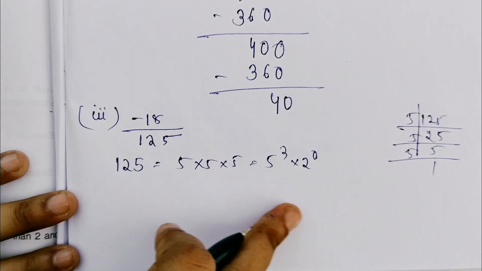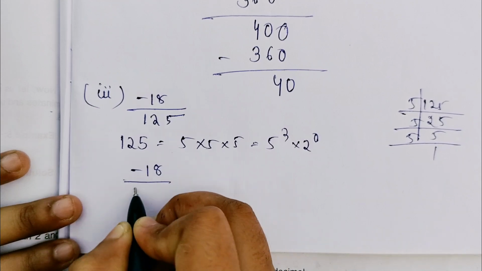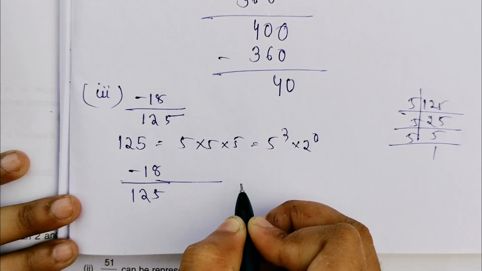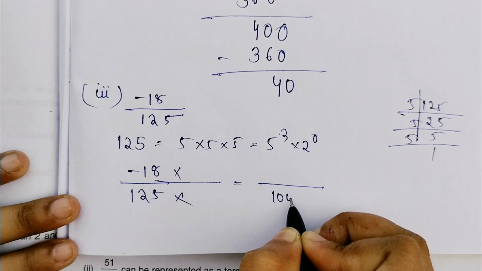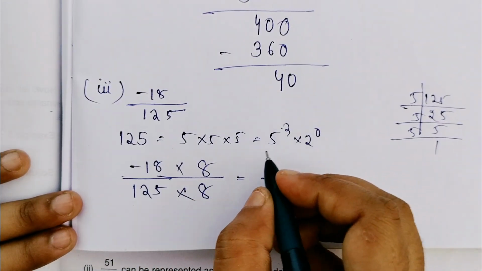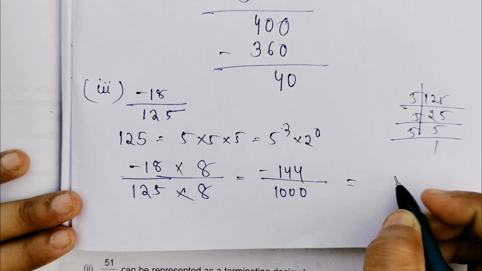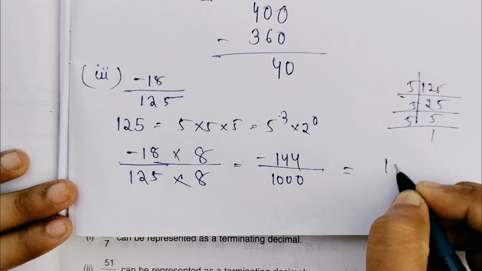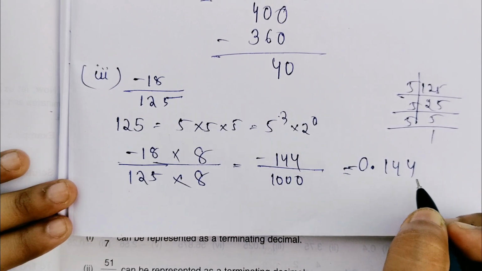So it is a terminating decimal number. We write minus 18 by 125. Then you multiply by 8, so 1000. 125 times 8 is 1000, 18 times 8 is 144. So here there are 3 zeros, so we leave 3 digits on the right-hand side, and minus 0.144.